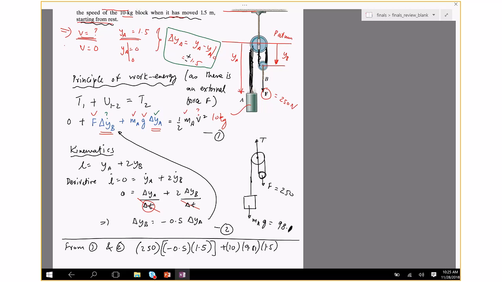Okay, so if that's 250, that's 98.1. We would ask ourselves, will this move down, or this point move down? If this moves down, then there will be a positive. If that moves up, it's going to be a negative.